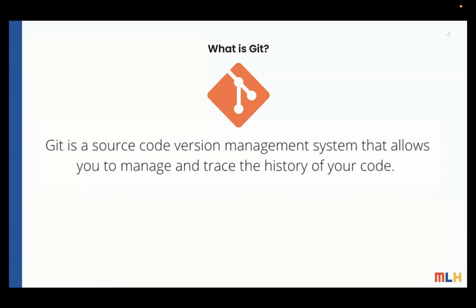Git is a very popular and de facto standard at this time in version control systems. Git was created by the creators of Linux, and it is also open source. Git is basically a version management system which allows you to manage and trace the history of code.